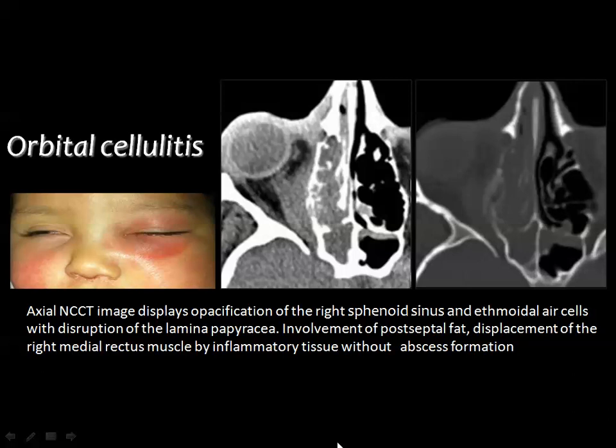And here you can see ethmoidal sinusitis and sphenoidal sinusitis on the right side with extension of the inflammatory granulation tissue inside the medial part of the orbit, being inseparable from the medial rectus and also reaching the optic nerve.